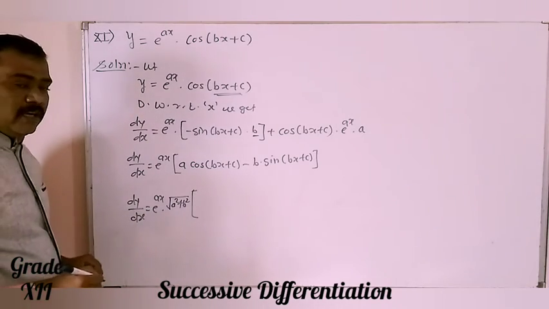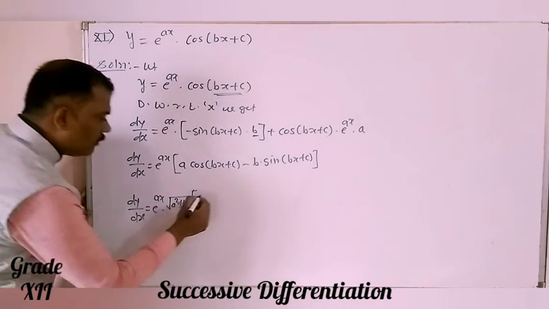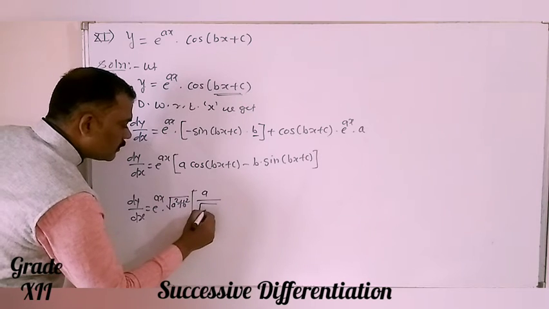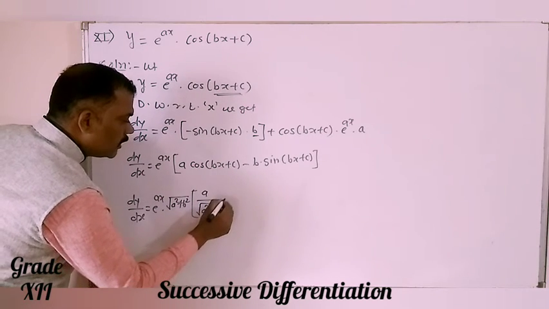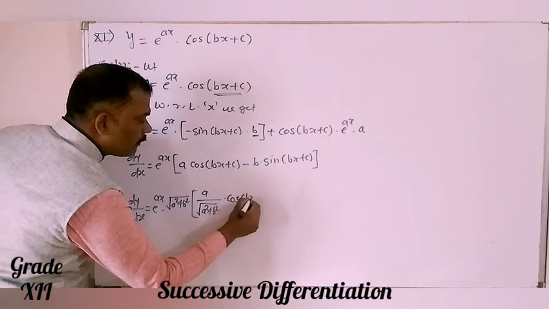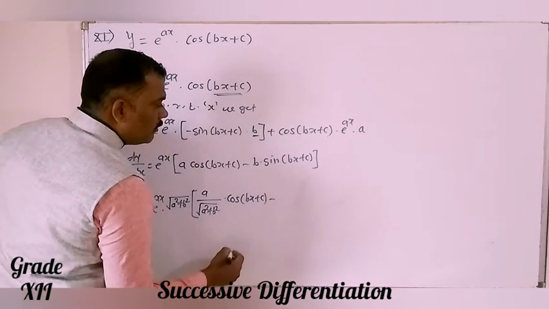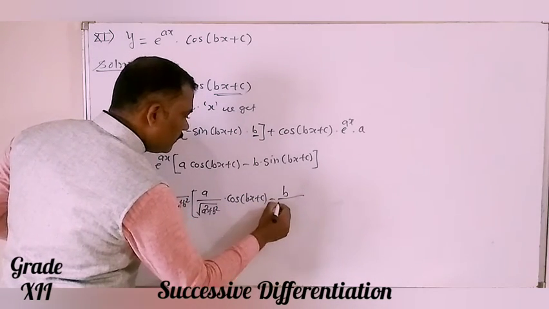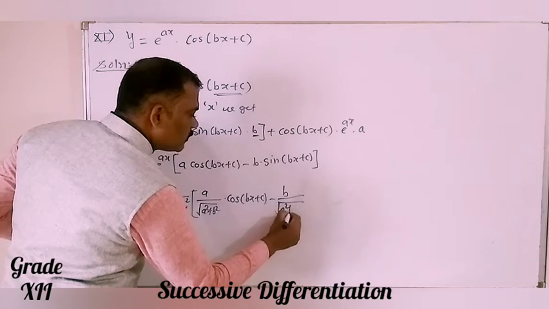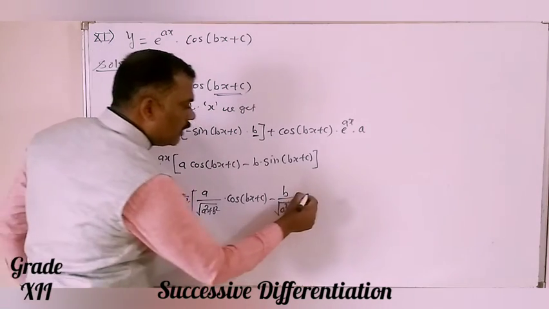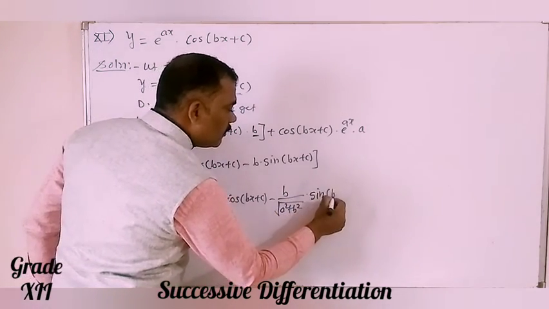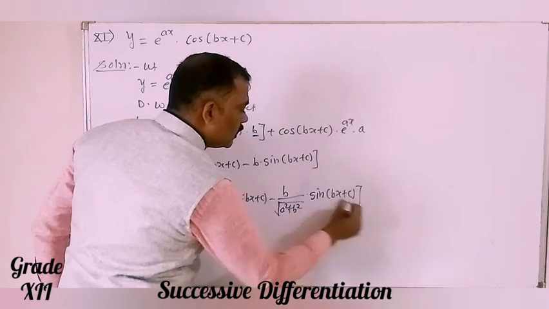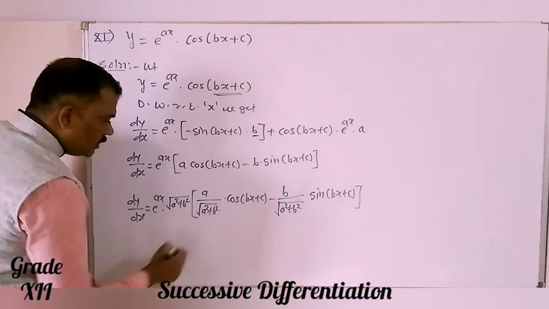If we multiply by under square root of (a square plus b square), we have to divide by it as well, so we get a divided by under square root of (a square plus b square) into cos of (bx plus c) minus b divided by under square root of (a square plus b square) into sine of (bx plus c).